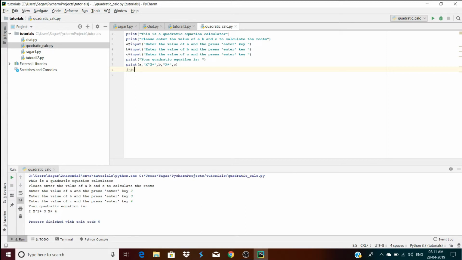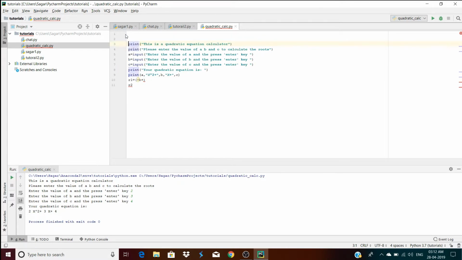So I would write r1 equals to, what is r1? It's minus b. So let me write minus b and then plus and then root of. Here we would have to use the functions of math. We would have to import math, because we have to use that root function, isn't it?